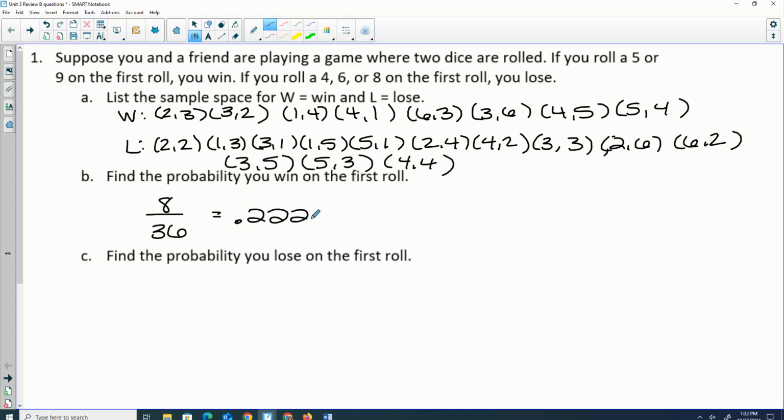All right, part C, find the probability you lose on the first roll. So how many total outcomes do we have still? 36. How many of them are losing? 13. So 13 out of 36.